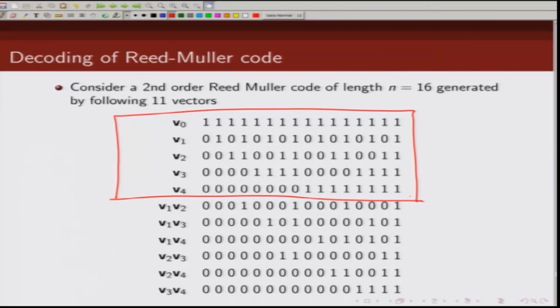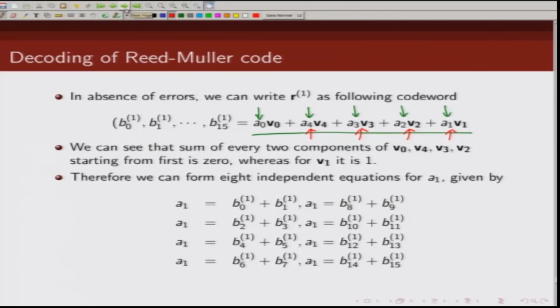Now, if you notice, if you add up 2 rows like this, consider these 2 rows, for all other terms except V1 we will get 0. In other words, I can get 8 independent views about A1 by just looking at these 2 columns of this matrix.